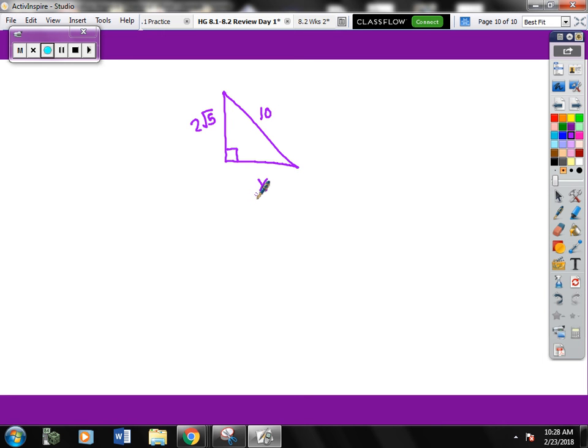Reagan? No. Or you take half the 10. You're assuming we know the angles. I didn't tell you any of the angles except the right angle. Avery? 2, 2. It's the same as the other one.